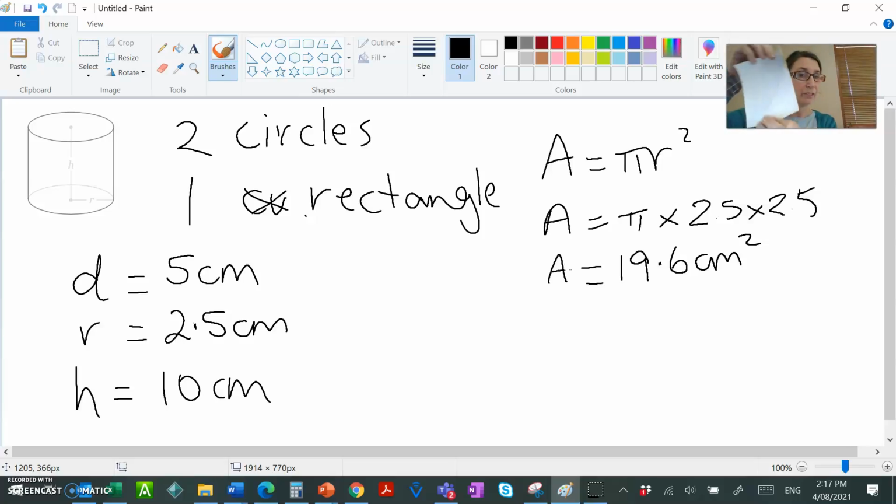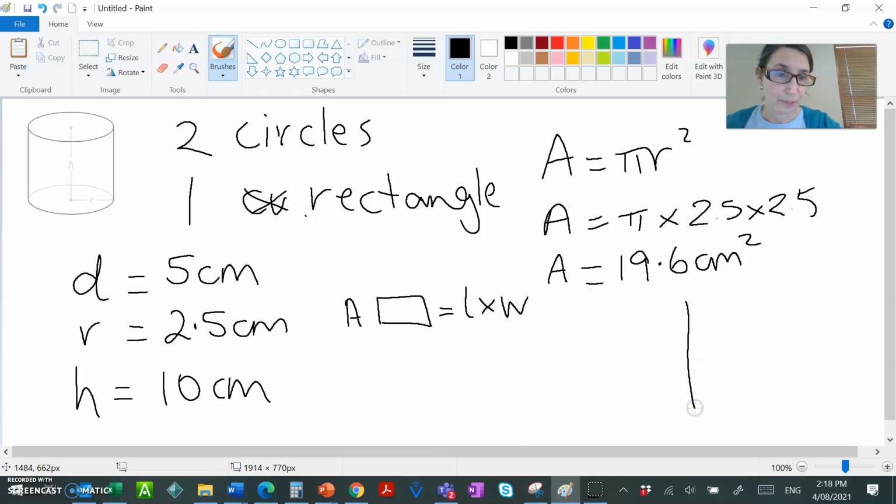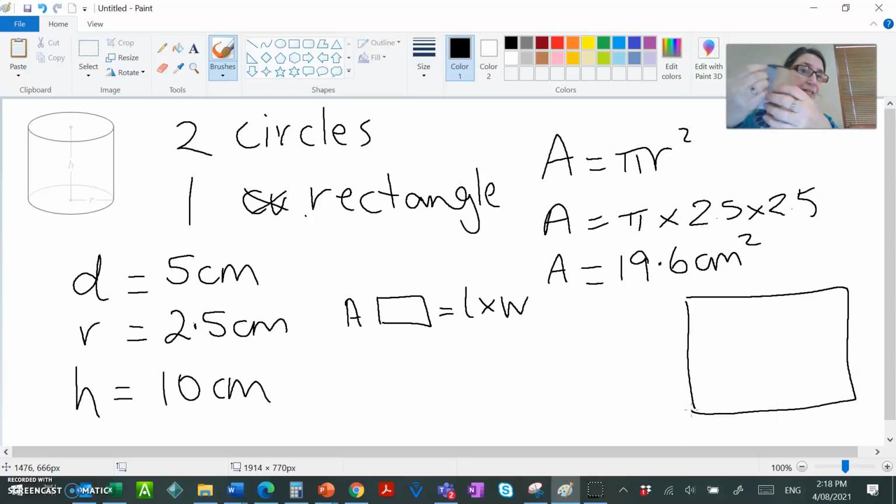The next thing we need to look at is this rectangle. Okay, so the area of a rectangle is equal to length times width. So I'll just draw a nice big rectangle over here, which represents the rectangle that I've cut open, this cardboard rectangle.